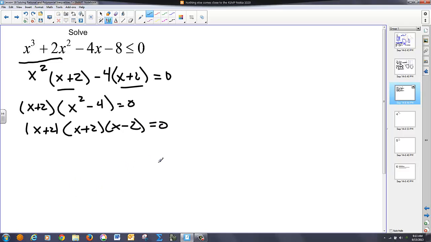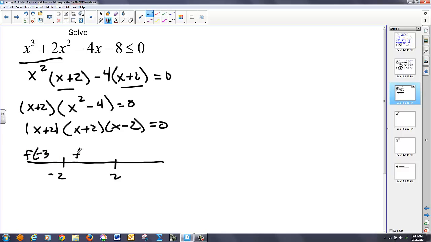So then we're going to look at the critical numbers in this case of -2 and 2, because I've got a multiplicity of 2 right here. So you'll notice I'm going to plug in -3, 0, and 3, and I'm going to plug it into this factored form right here, and I'm looking for values that are less than or equal to 0.